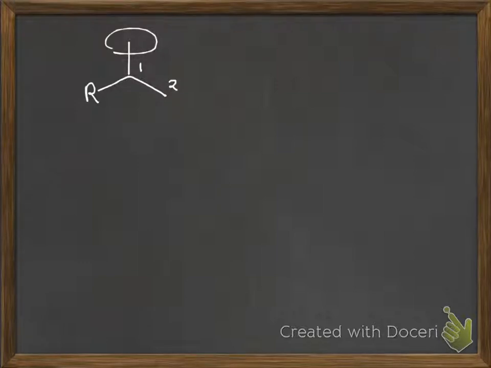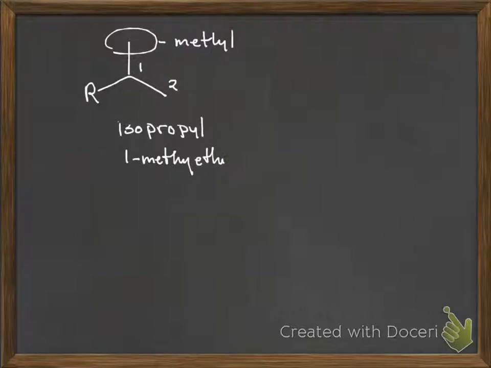It's a methyl. So the alternate name for isopropyl is a 1-methylethyl group. See how that name comes up?